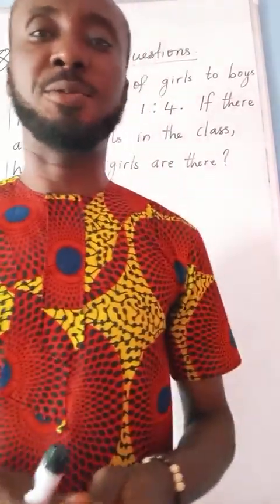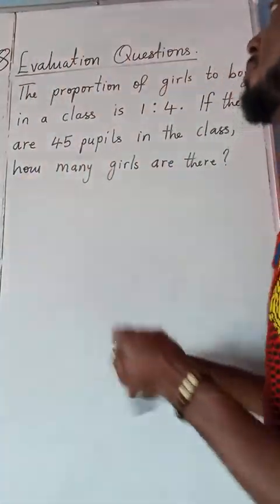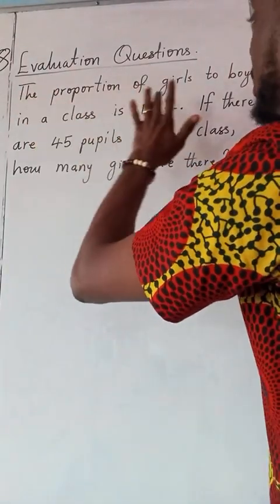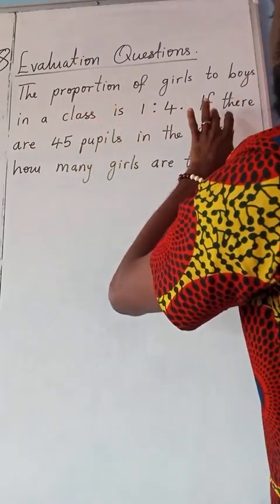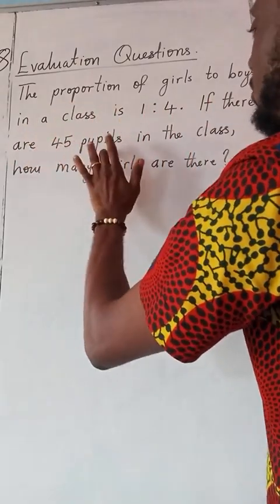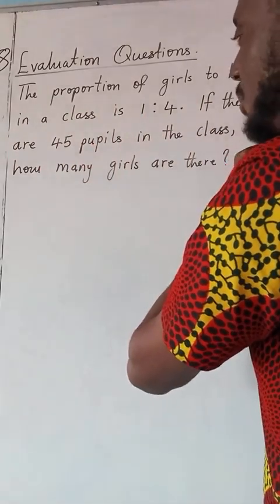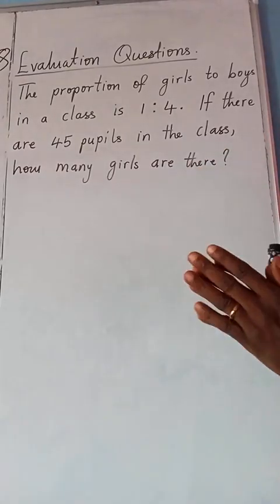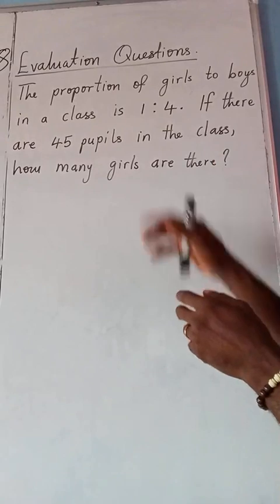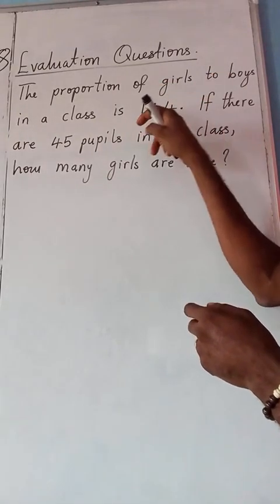Alright, let's look at this evaluation question. The proportion of girls to boys in a class is 1:4. If there are 45 pupils in the class, how many girls are there? Very simple. The proportion of girls to boys is 1:4.